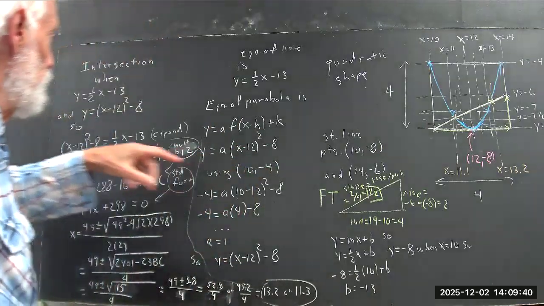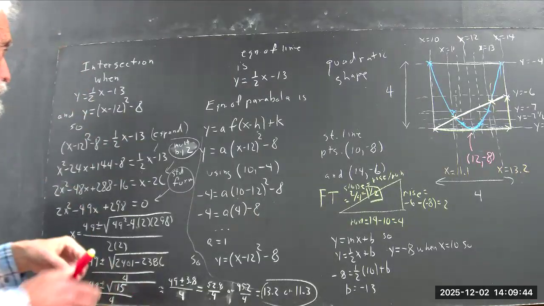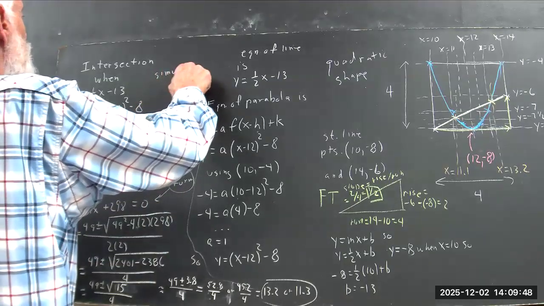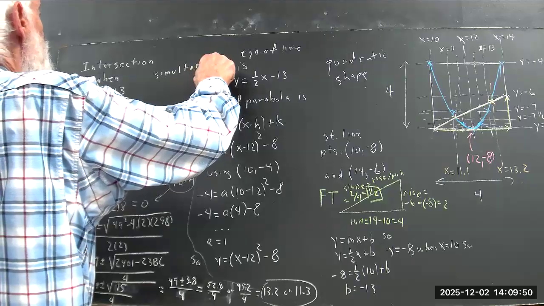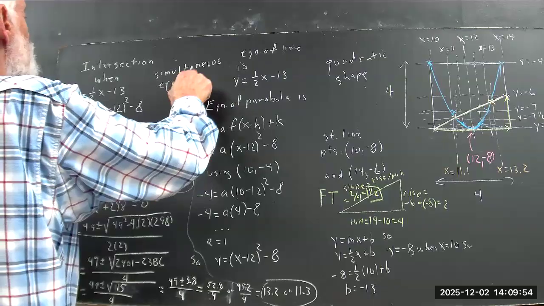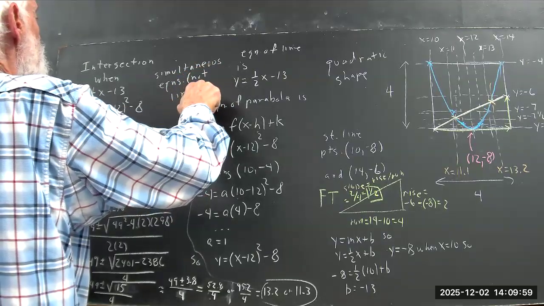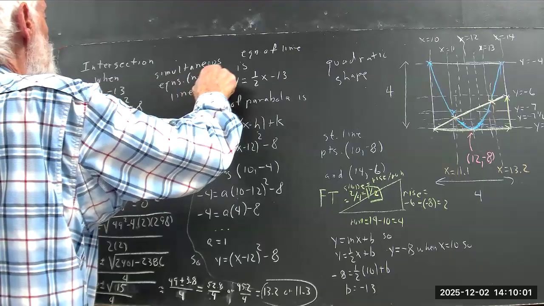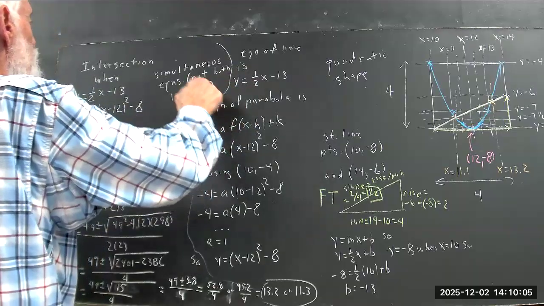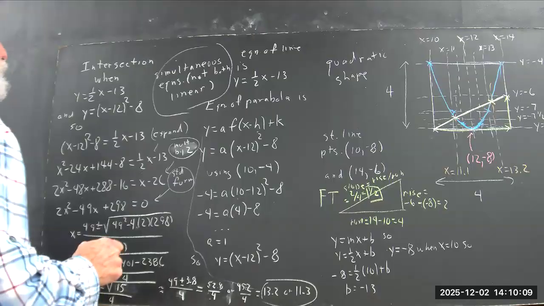In this case, you have simultaneous equations, but these are not linear. They're not both linear, so you can't use elimination.